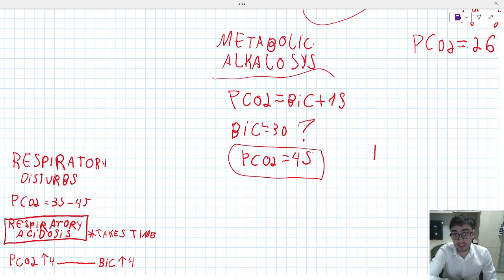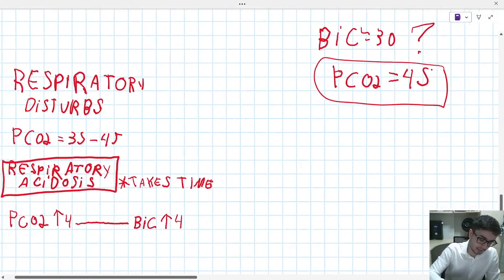The kidneys will take a few days to compensate a respiratory disturbance. So in acute respiratory disturbances, the kidney won't be able to help, just in a respiratory disturbance that is chronic, that develops with time in the patient. Let's talk about this right now.